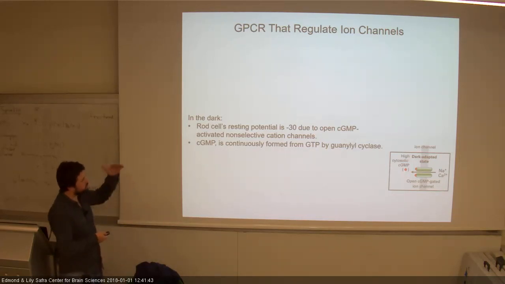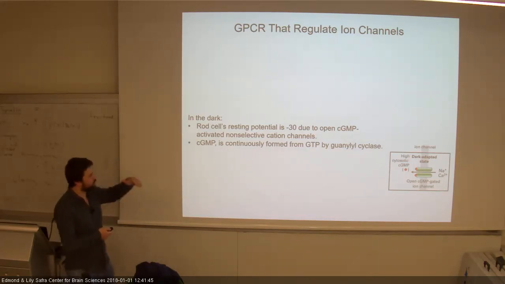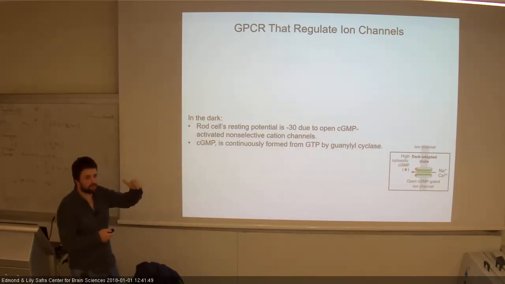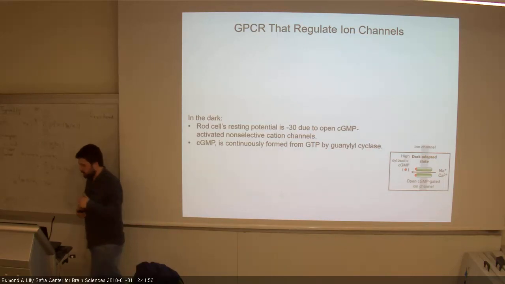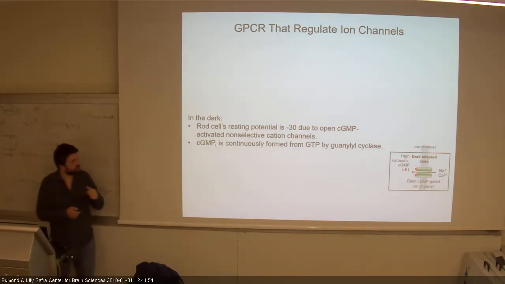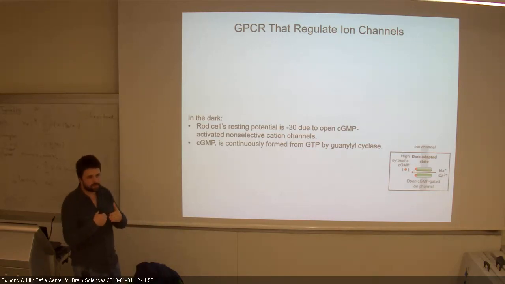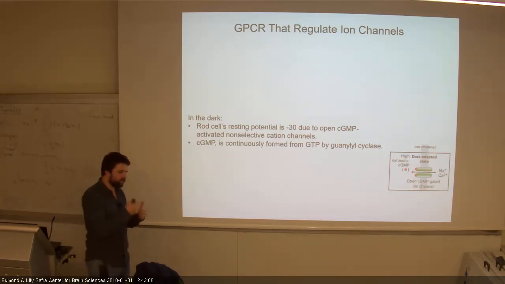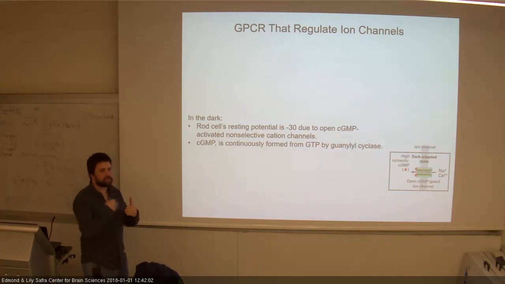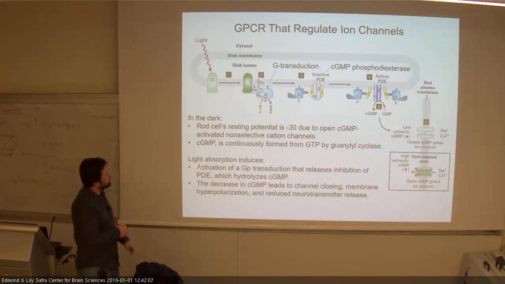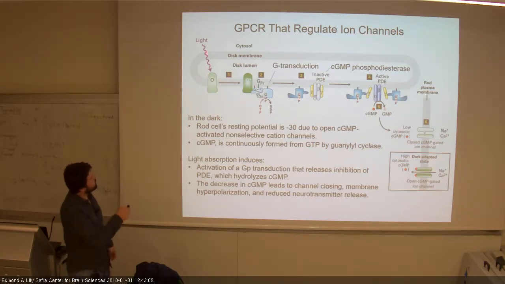So the cell is always left in a very depolarized state, meaning that, if you did a little neuroscience by now, it constantly releases neurotransmitter. Okay, so the rod cell, in contrast to other cells, constantly releases packages of neurotransmitter.